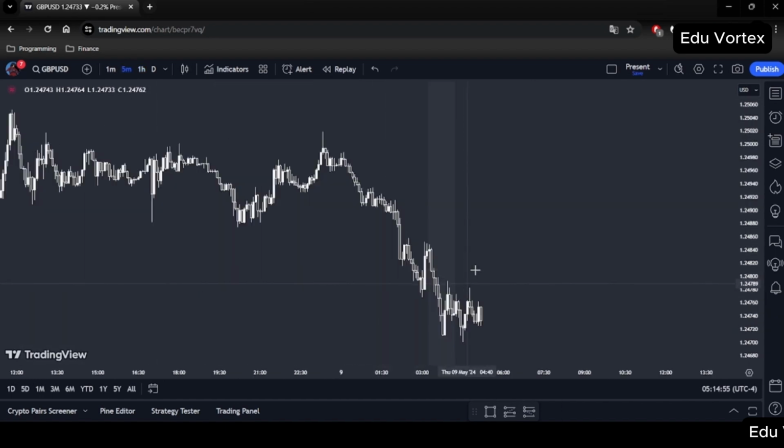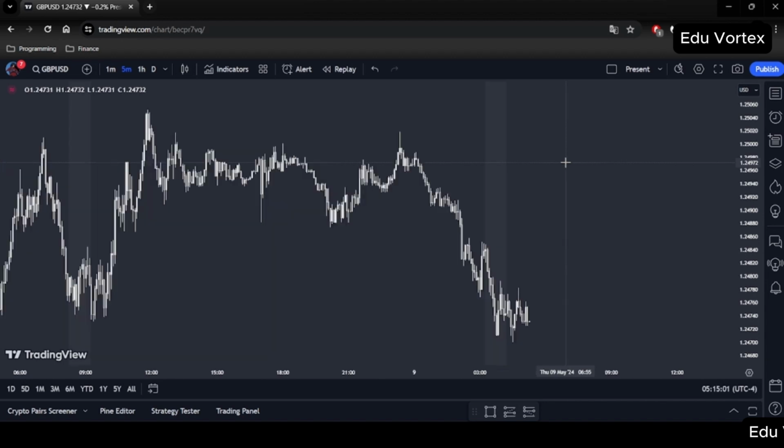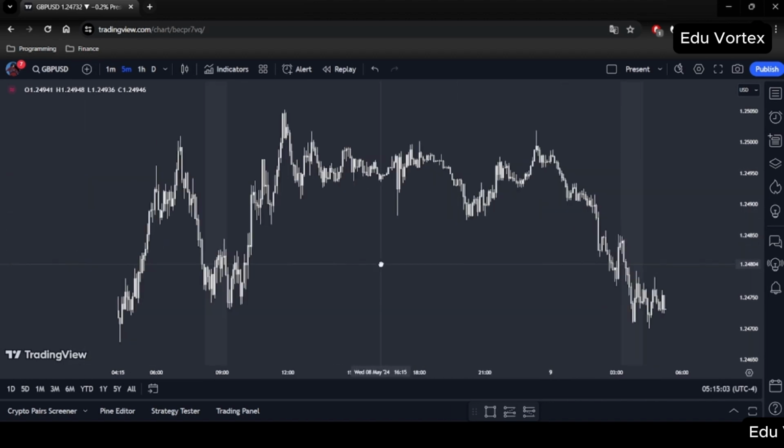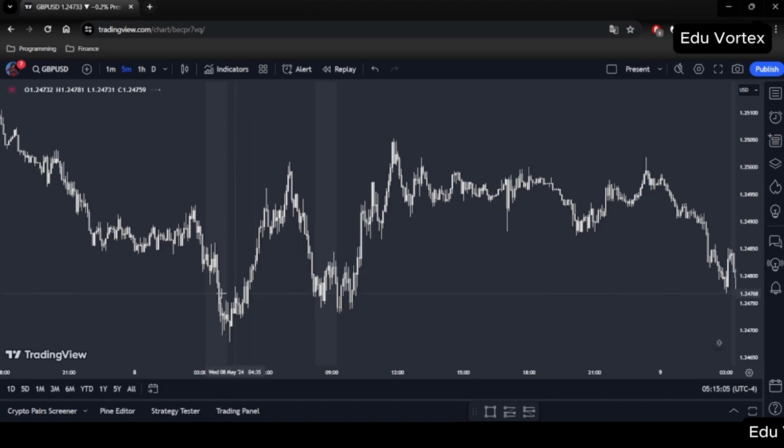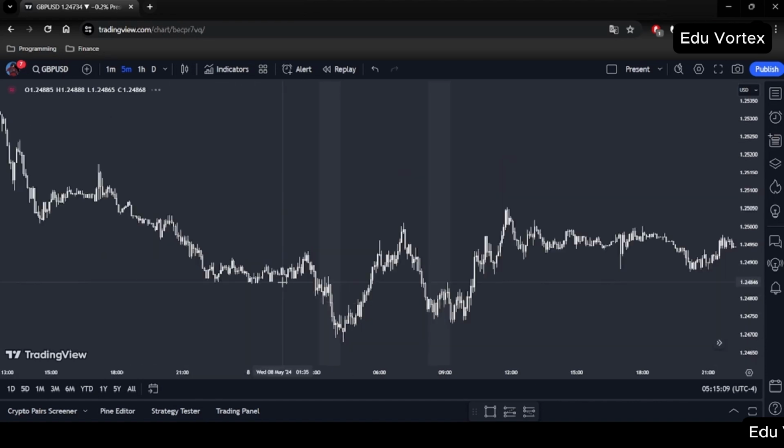Because they will repeat, they will look very similar at certain times. In certain different times, it might look different, and it might not repeat as it repeats in certain times, okay?